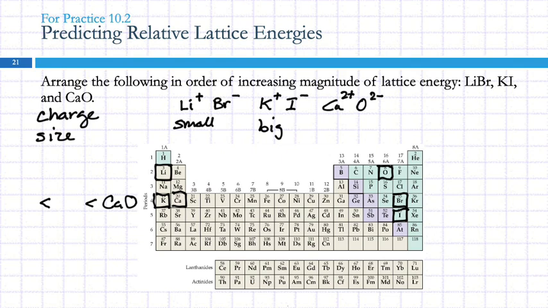So who can get closer together? The smaller ones can get closer together. So they're going to have a larger lattice energy than this one. So we put KI here, and we put LiBr in there. So you're comparing charge and size.